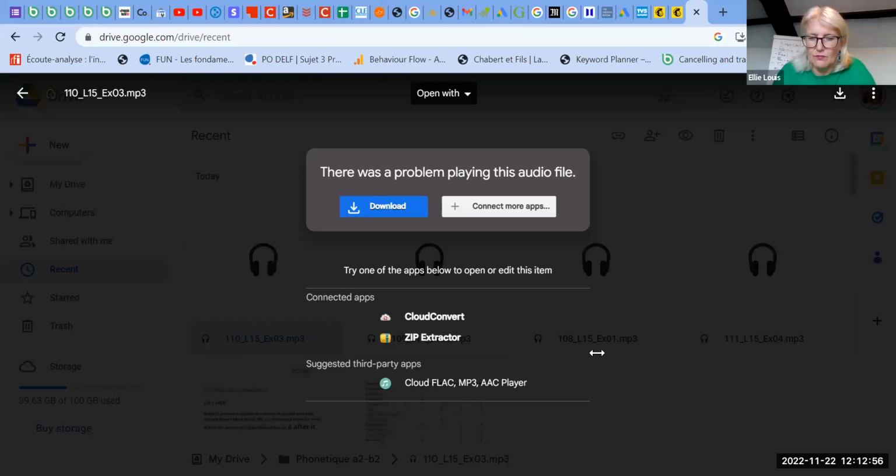Mardi, j'ai pas pu. 2. T'es venu mercredi? Mercredi, j'ai pas pu. 3. T'es venu jeudi?